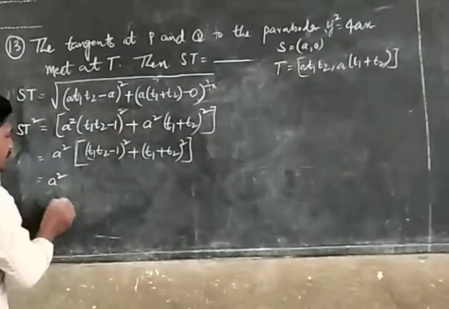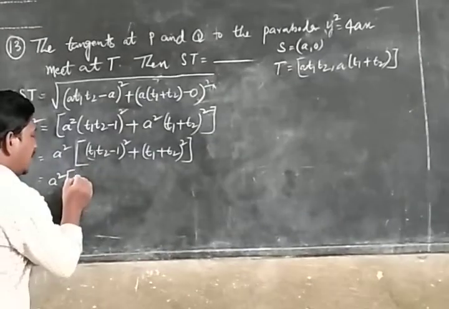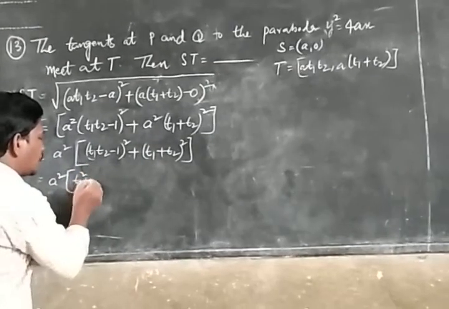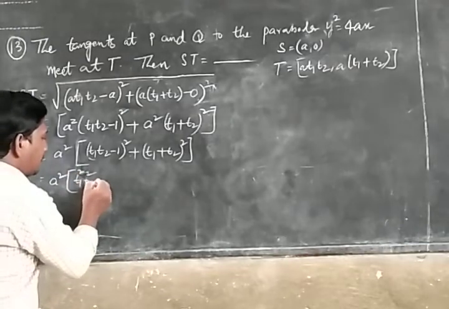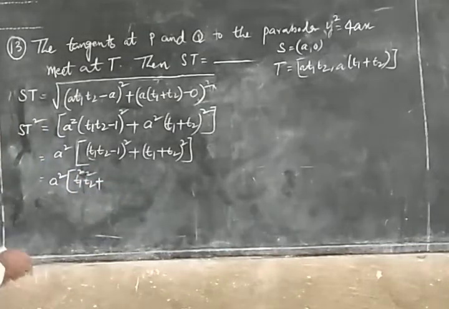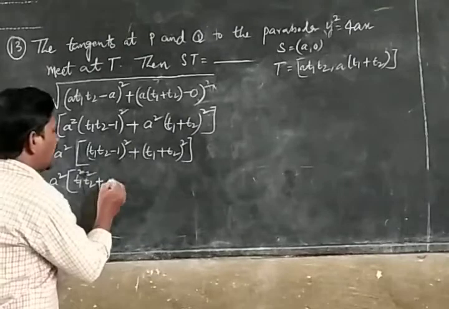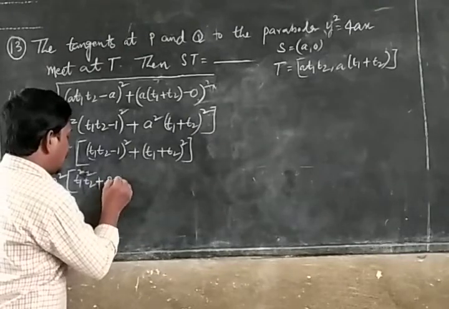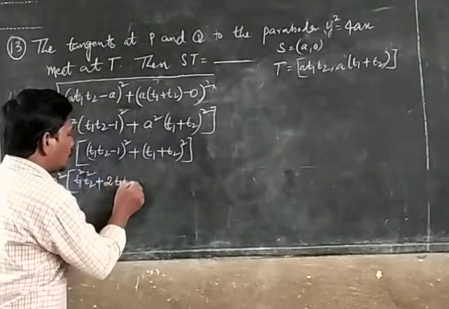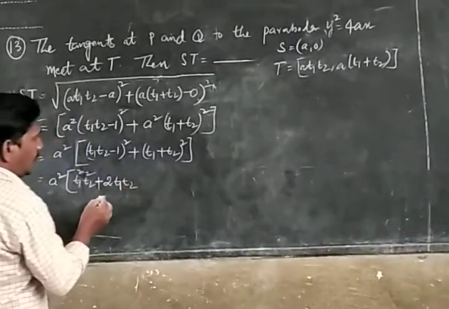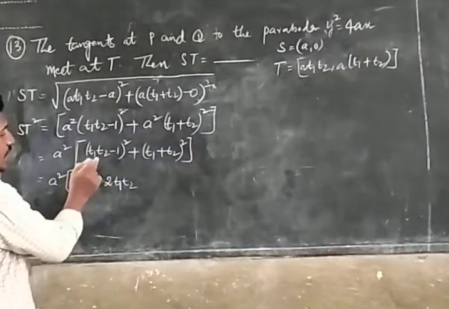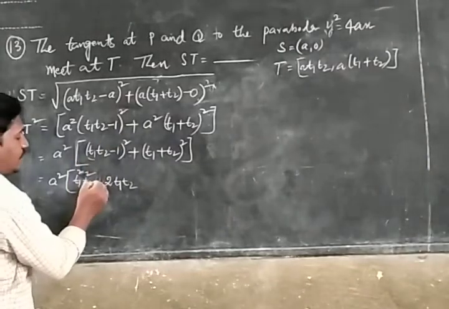Now a square, here t1 square t2 square plus 2ab, that is minus 2 t1 t2, plus 1 whole square.